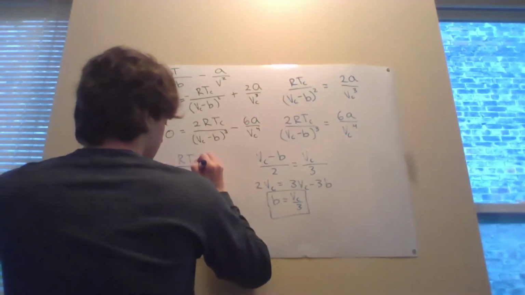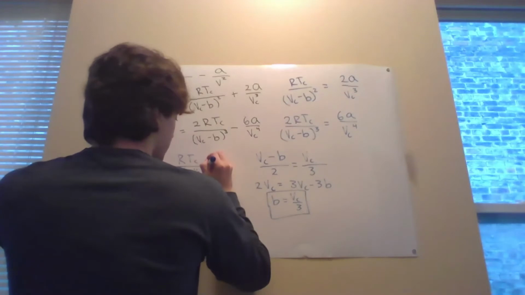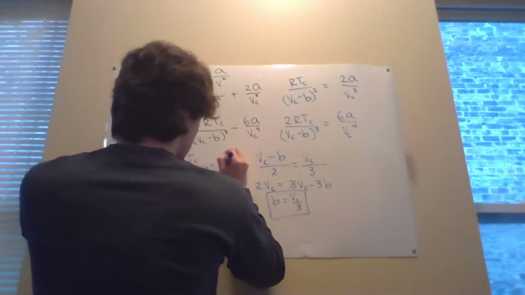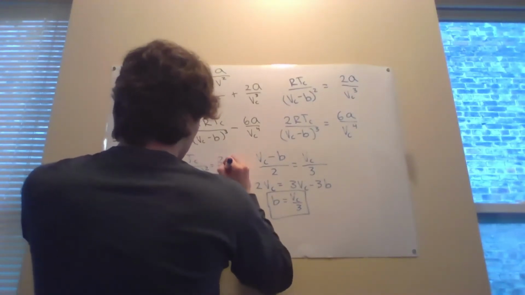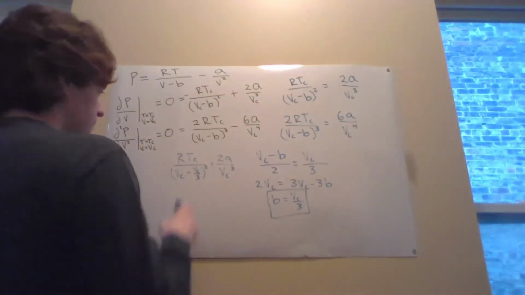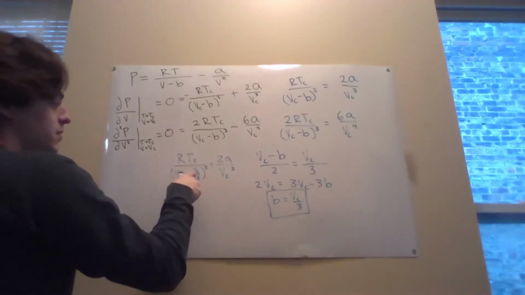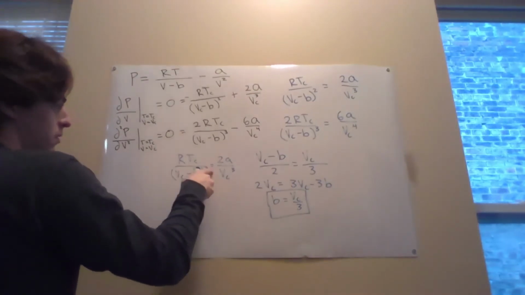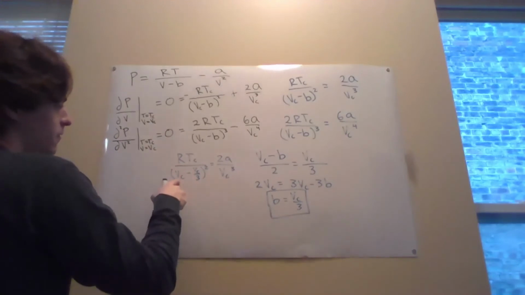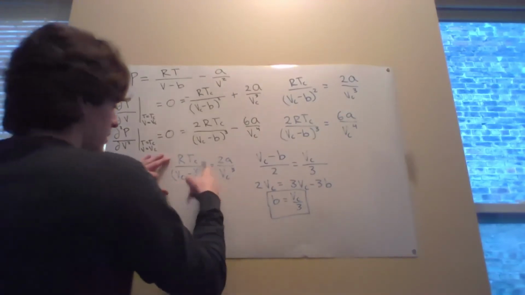So it will be VC over 3, squared, equals 2A over the critical volume cubed. This will become 2/3 times the critical volume. When we square it, it will become 4 over 9 times the critical volume squared.